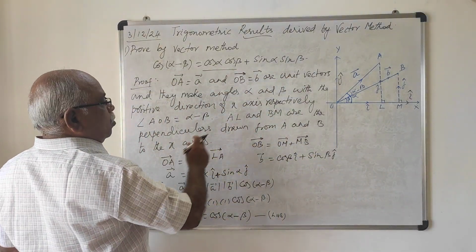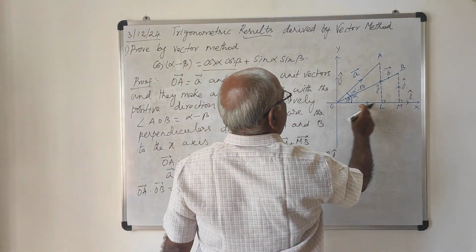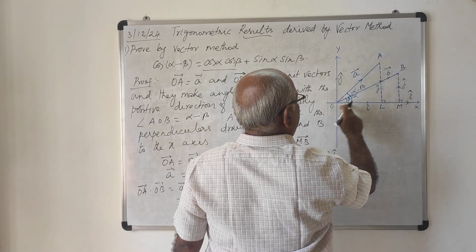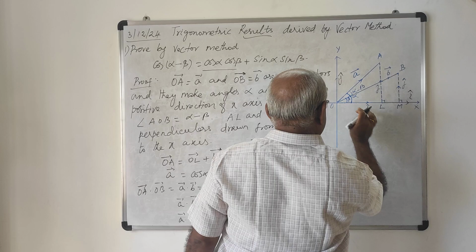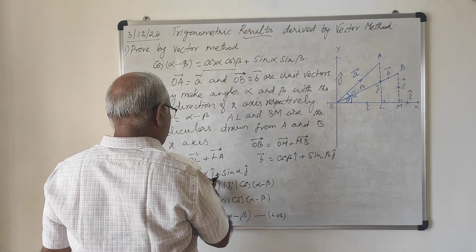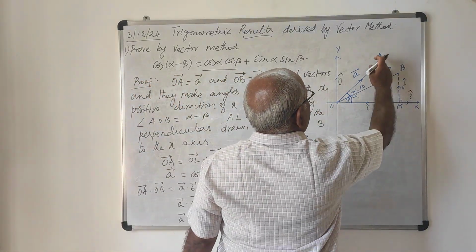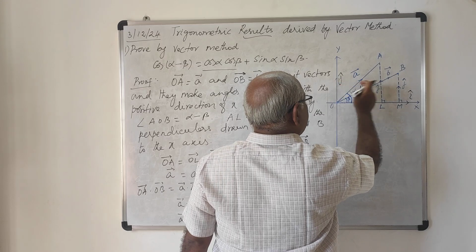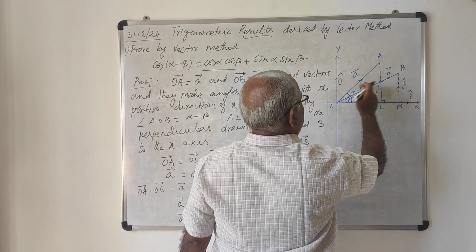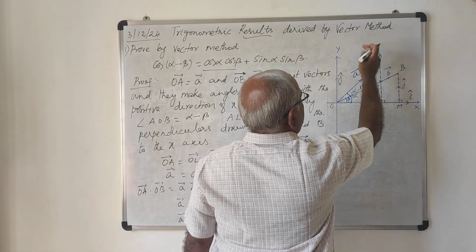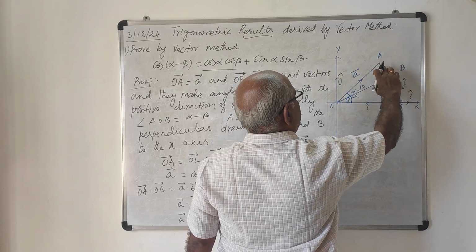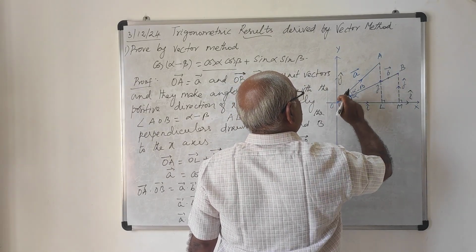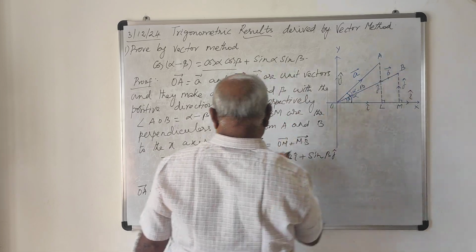Now, OA vector equals OL plus LA. OL is the adjacent side of angle alpha, therefore this is cos alpha into i. LA is in the positive direction of the y-axis, so it is parallel to the j vector, and it is the opposite side, sin alpha into j.